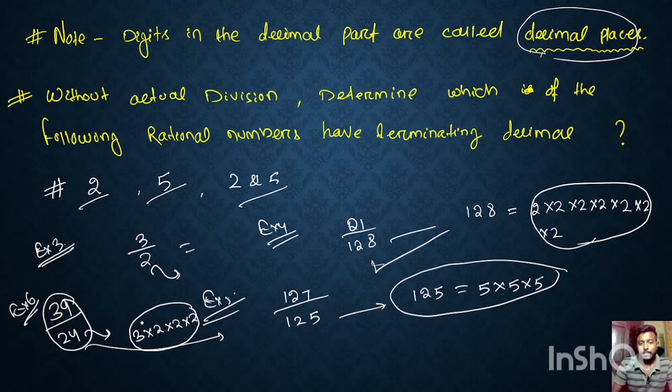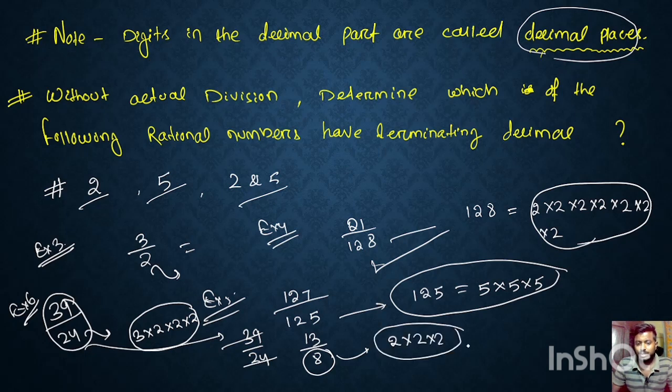Now 39 divided by 24, we can cancel by 3, that is 13 divided by 8. Now check 8, we can write 8 as 2 into 2 into 2. This is a product of only 2, that's why this is a terminating decimal number. Without the standard form check, it would seem not terminating because 3 is there. That's why first you check whether it is in standard form or not.